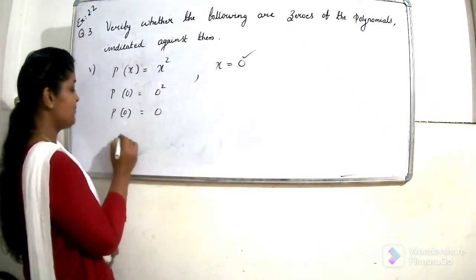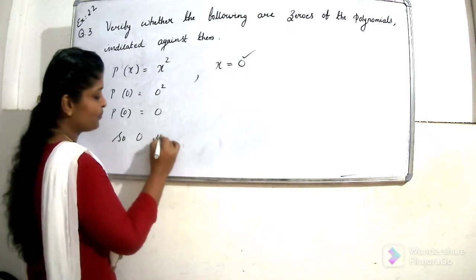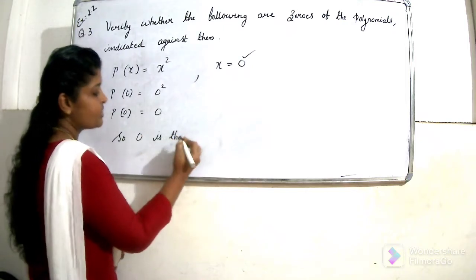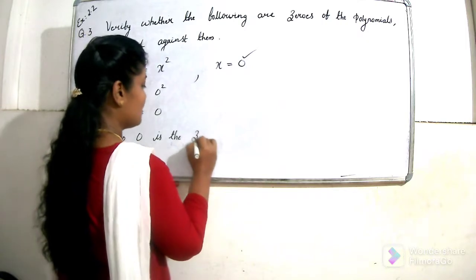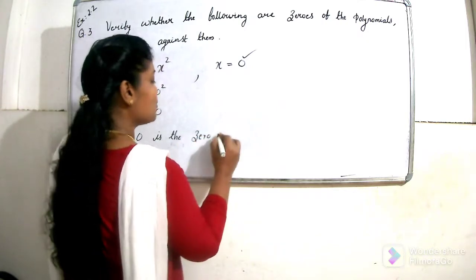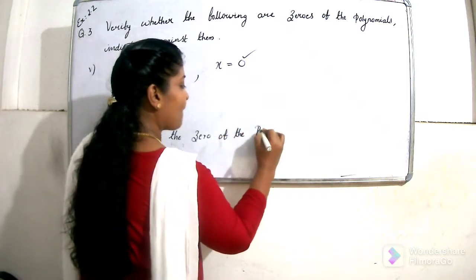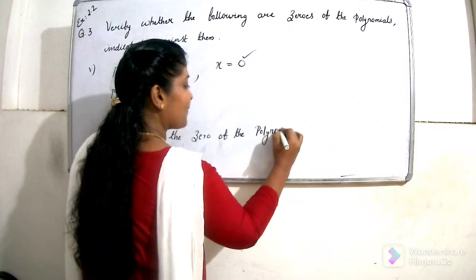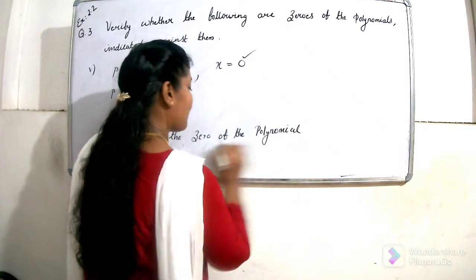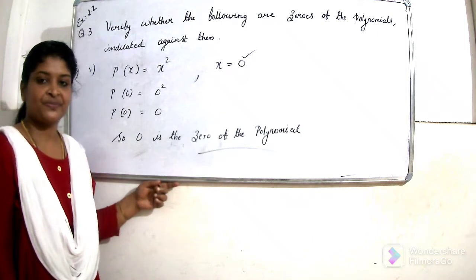So we can say 0 is the zero of the polynomial. Now next question.